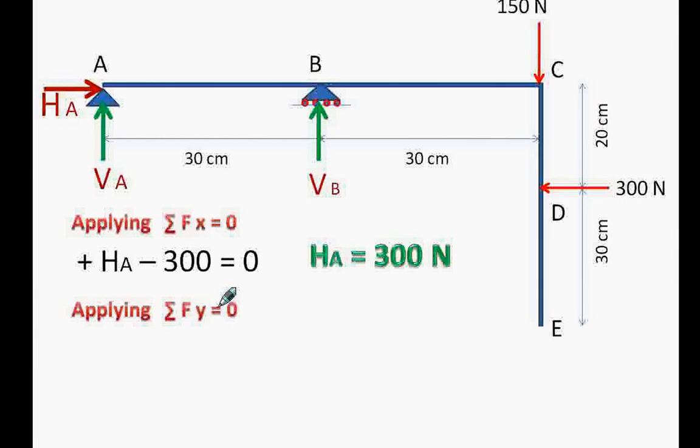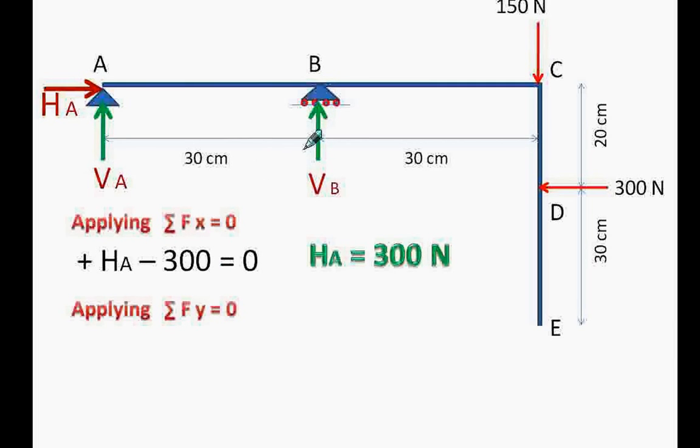Applying the second equation, sigma Fy equal to 0, that is, the summation of vertical forces on the system must be equal to 0. What are the vertical forces? VA is a vertical force, VB is a vertical force, 150 is a vertical force. This is horizontal, this is horizontal, already we have considered. Only verticals are VA, VB and 150 Newtons.